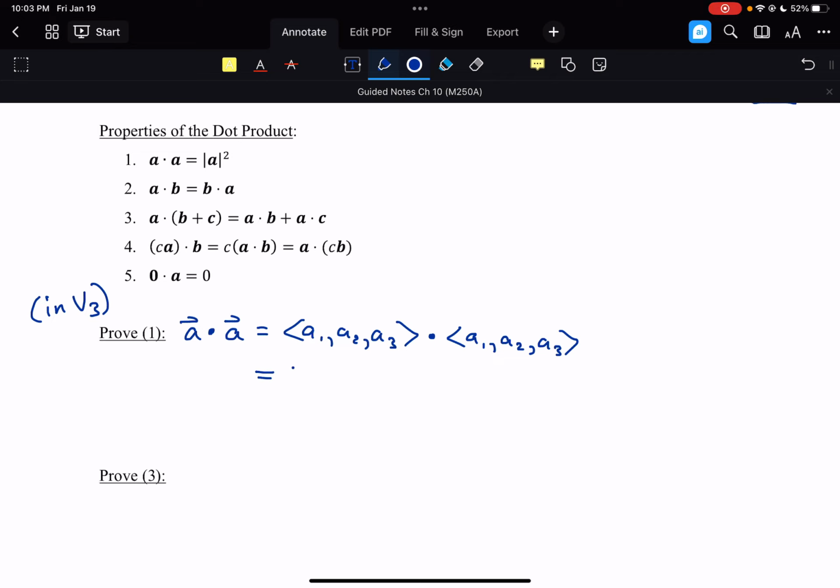All right, so we get A1 times A1 plus A2 times A2 plus A3 times A3. So we have A1 squared plus A2 squared plus A3 squared.